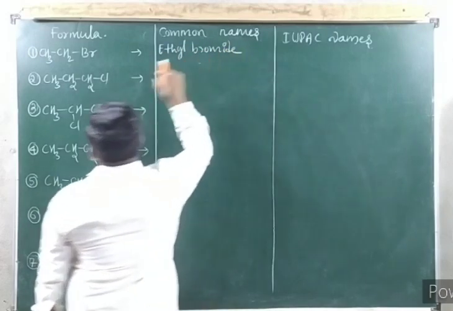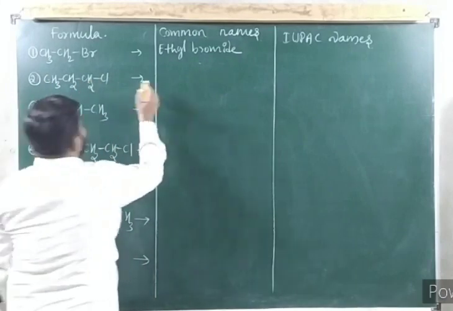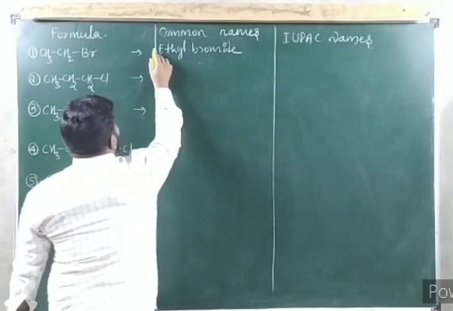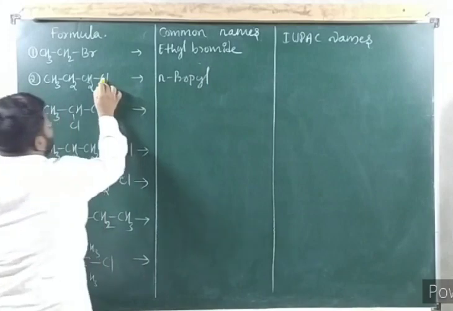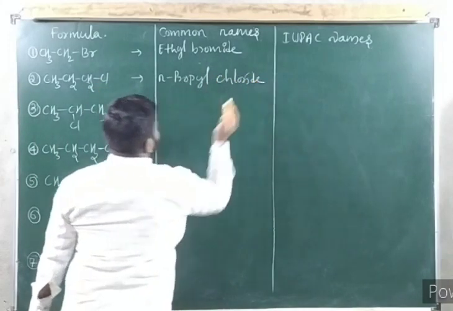So what is the name of this one? Total 3 carbons. So its name is propyl chloride. And it is a straight chain, so we have to write n also here. n-propyl. Which halogen is there? Chloride. n-propyl chloride.